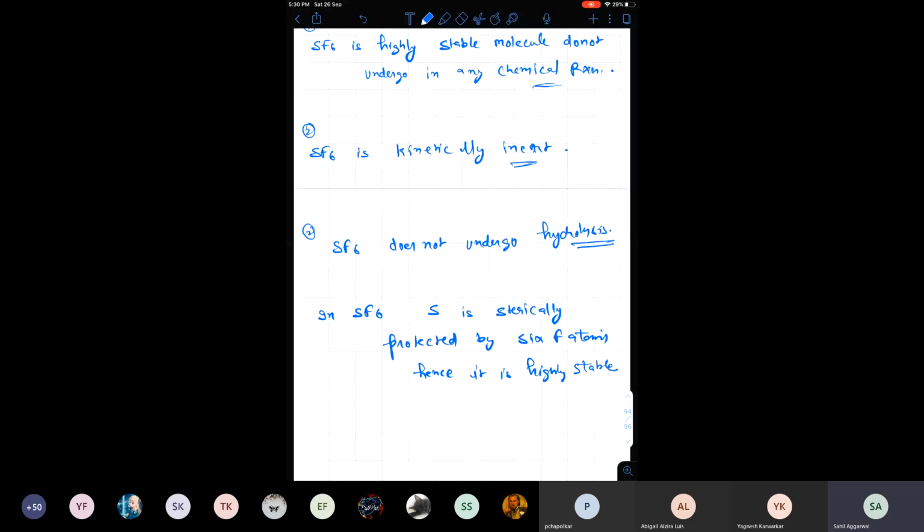That's it. It is very important question and this word is important. ये word आपको use करना ही है, अपने हिसाब से English नहीं लिखनी है. You have to use the word sterically protected. Sulfur is sterically protected by 6 fluorine atoms, hence it is highly stable. Then you can make the structure, and that will be the answer for any of the 3 questions.